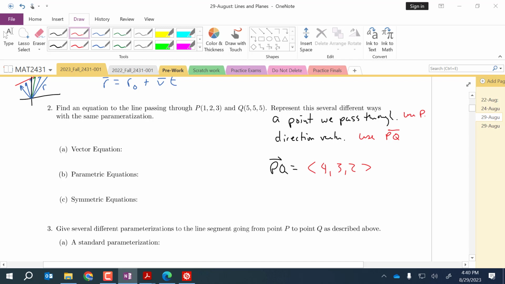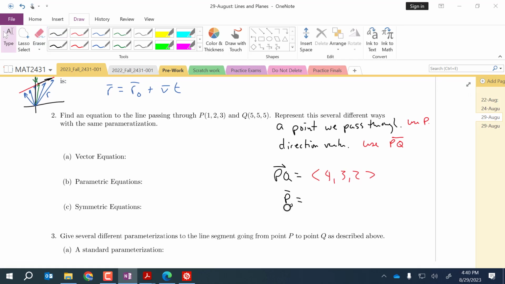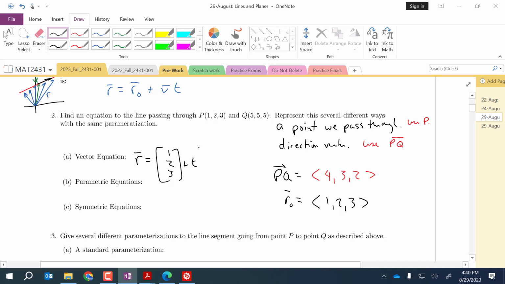And the point that we pass through, we're using P, and we can construct a vector for point P. Let's change that to R naught. And that would just be the initial point that we pass through, and we pick 1, 2, 3. So let's give the vector equation of this line. It's just a collection of all vectors R that can be written in the form 1, 2, 3 plus t times 4, 3, 2.